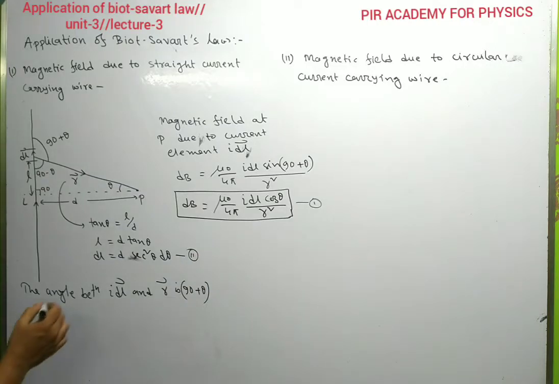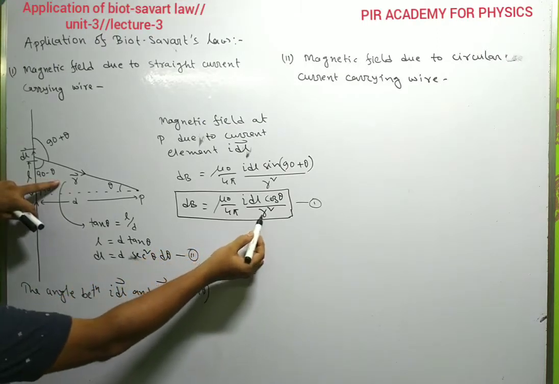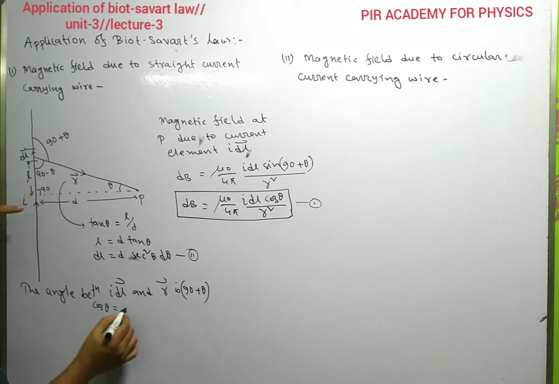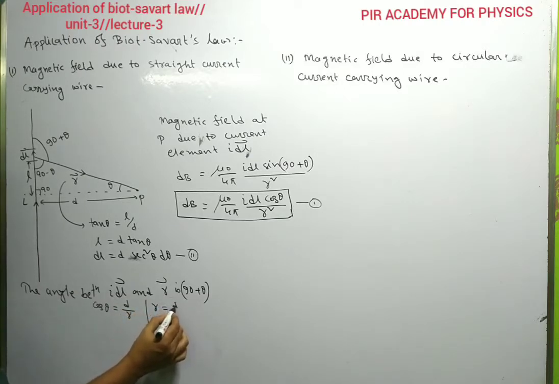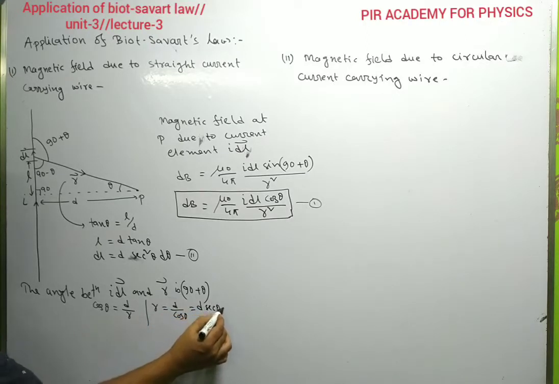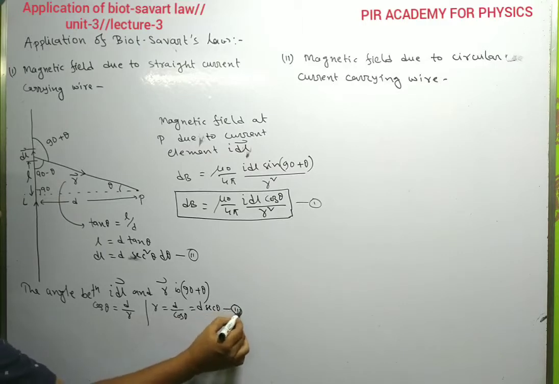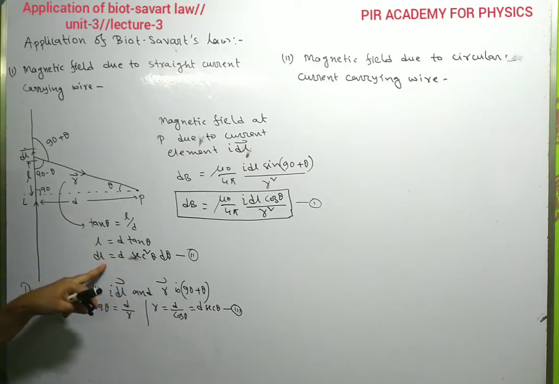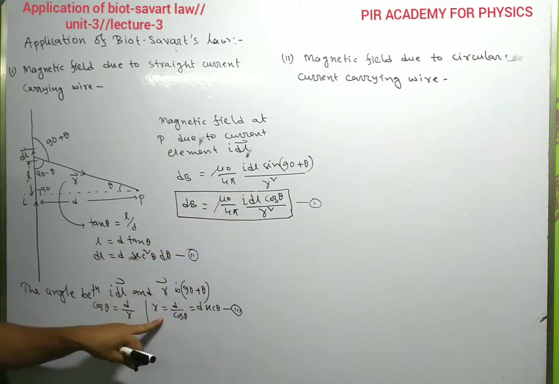Another is, if you take cos theta, because there is an r, so cos theta equals D by r. Then r will be D by cos theta, so it will be D sec theta. This is number 3.